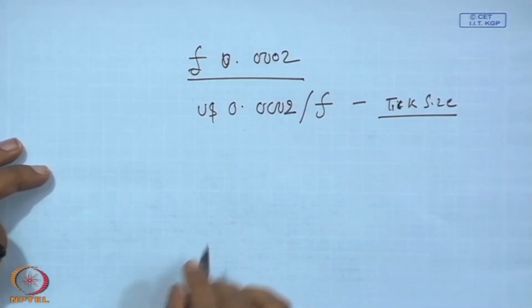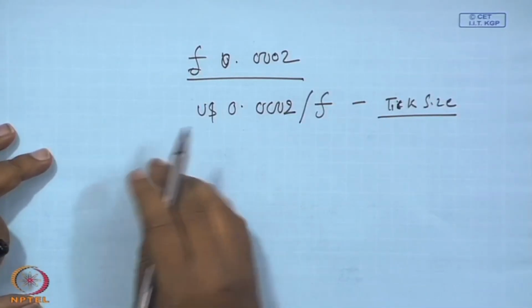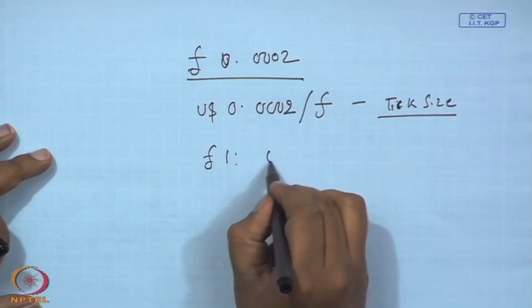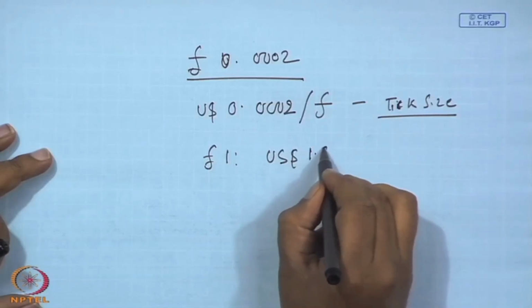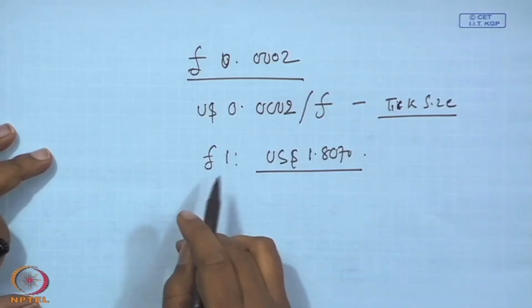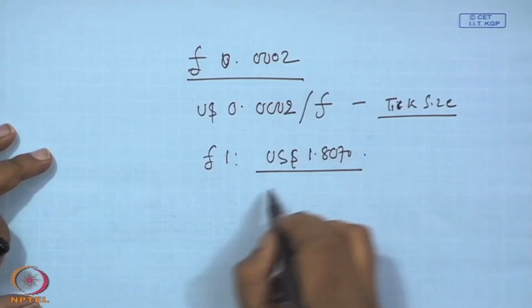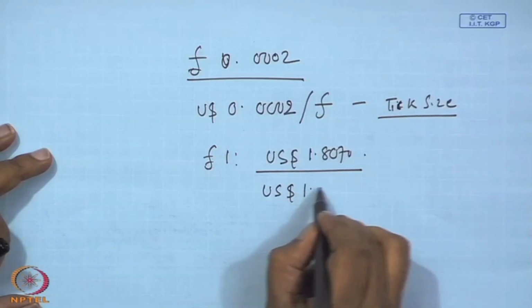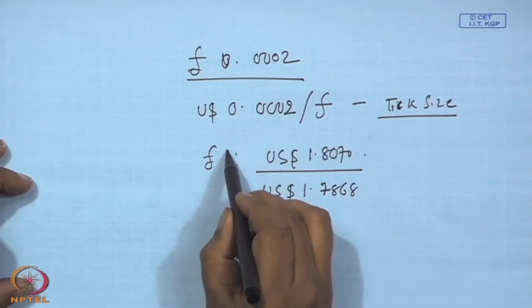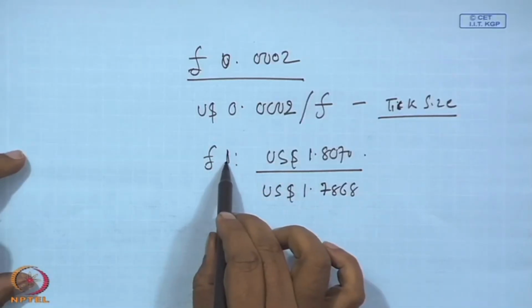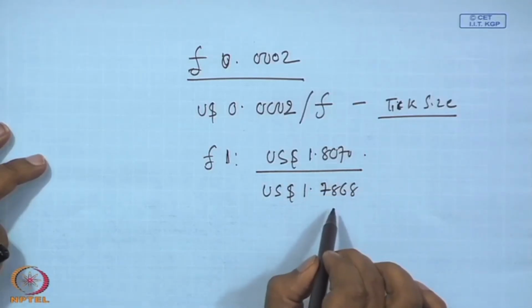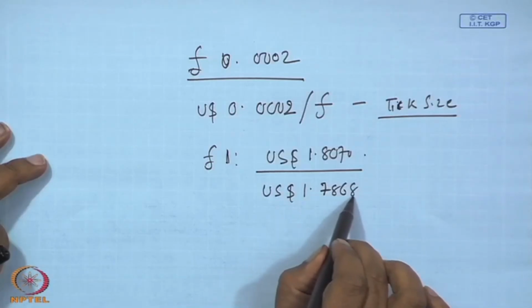Now, suppose the pound sterling rate fluctuates. One pound sterling was US dollar 1.8070, and after some time it migrated to US dollar 1.7868.